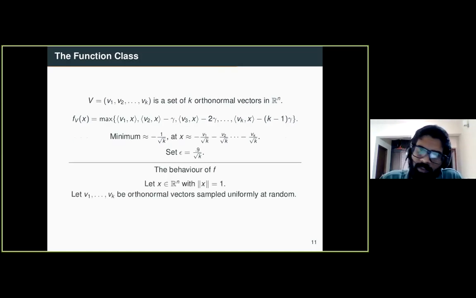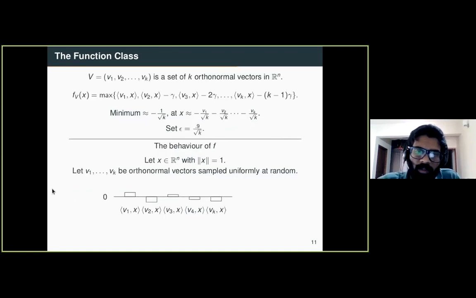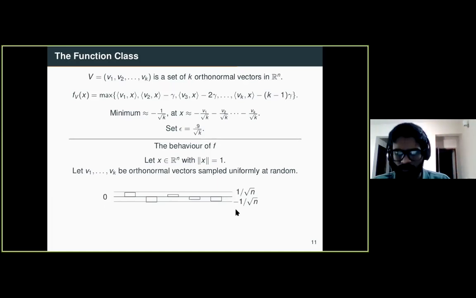And again, we're just going to look at the behavior of f and try to figure out how the lower bound goes. So let's take any unit norm vector x. Let v1 to vk be as above. We have this concentration of v1 inner product x and so on, which is basically that these values are going to be concentrated between 1 by square root n and -1 by square root n, or log n by square root n.